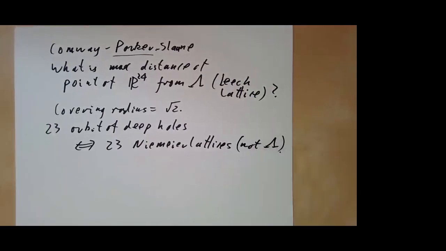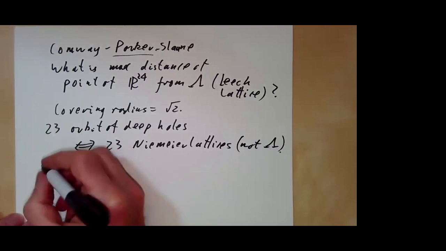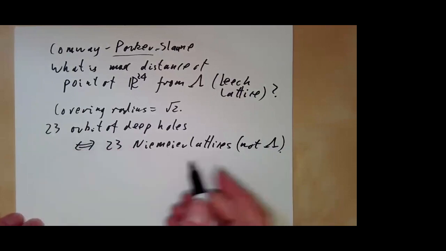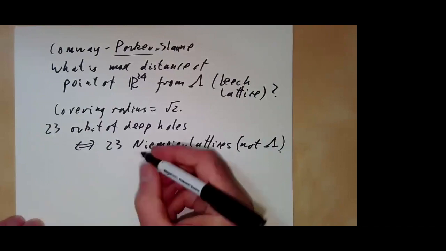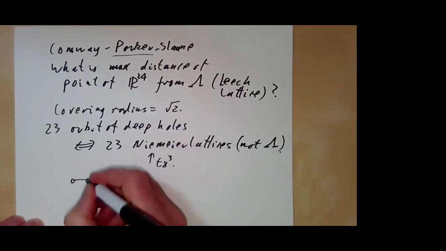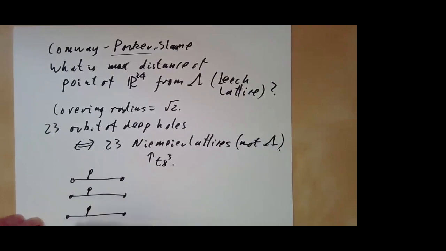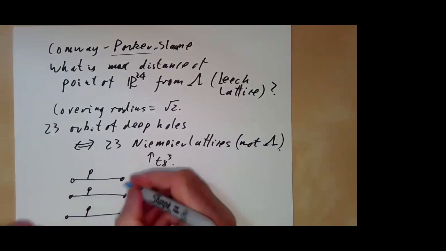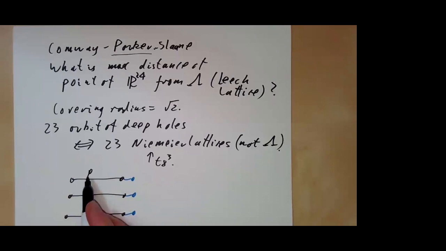And the way they correspond is as follows. You take the Euclidean Dynkin diagram for the Niemeier lattice. So a typical Niemeier lattice might be, say, E8 cubed. So let's take the Dynkin diagram for E8 cubed, which looks like this. You take 3 copies of E8, and then you add in 3 extra points. And you can now get a configuration of vectors of the Leech lattice as follows.